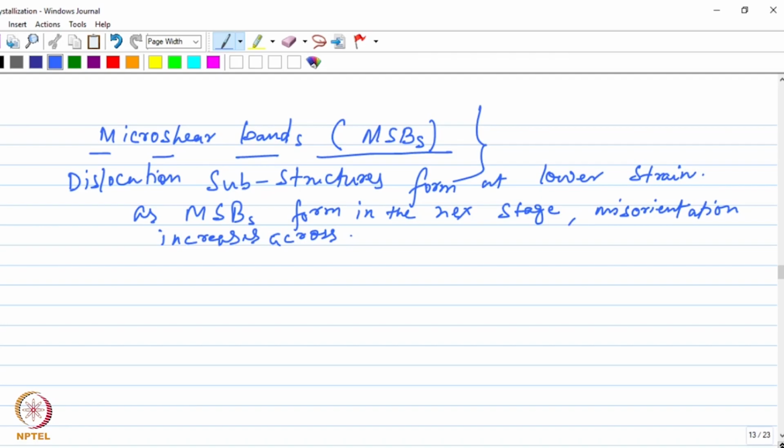The misorientation across the sub-boundaries increases.